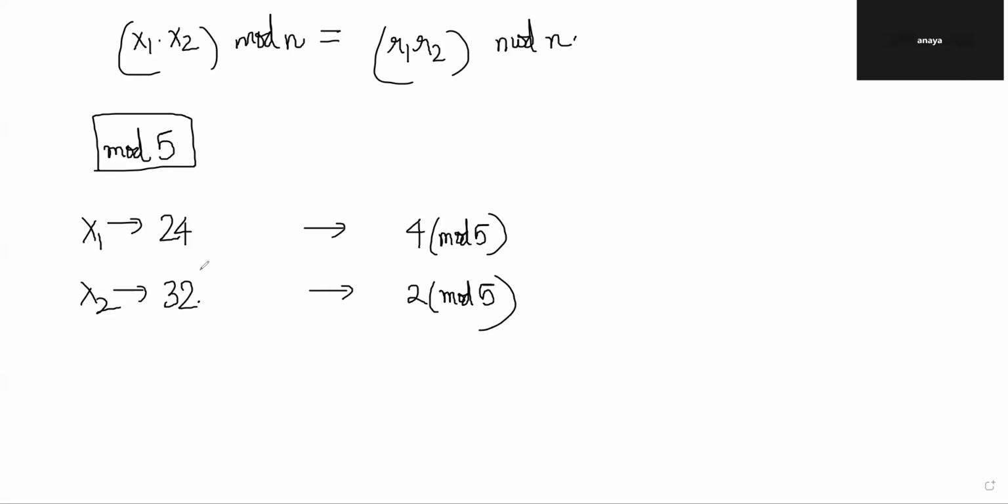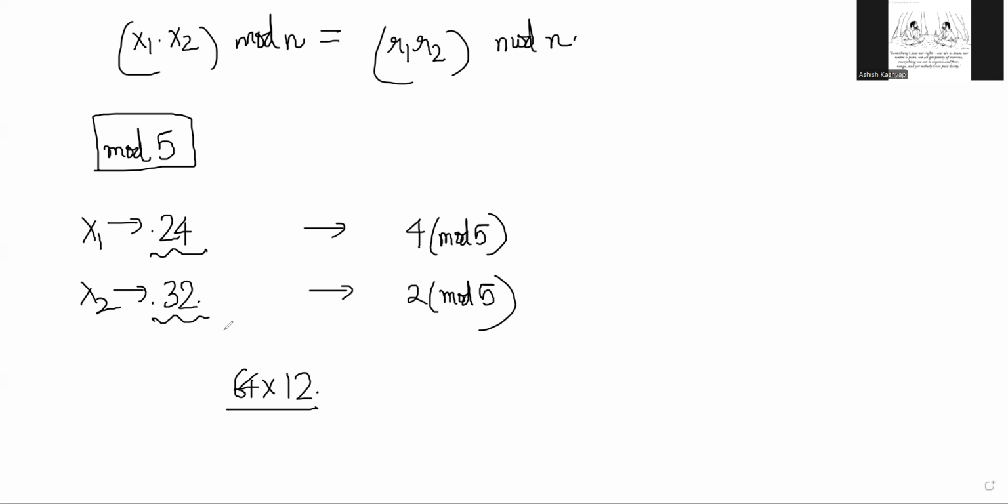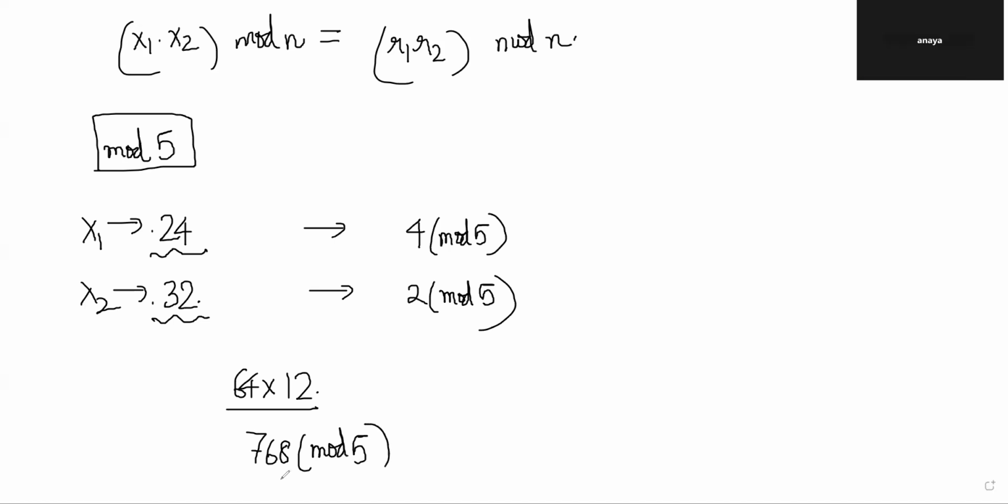Let's multiply x1, x2 now. 24 into 32 will be 64 into 12, right? 4 into 3, right? 8 into 8 and 4 into 3. So 64 into 12, and that number is 640 plus 128. So 768, right? When you do mod 5, 768, answer is 3, right?